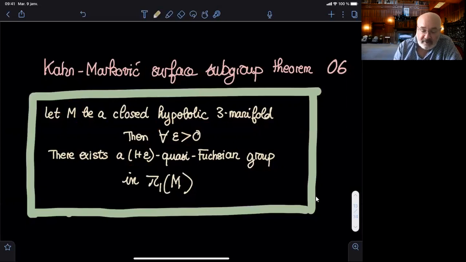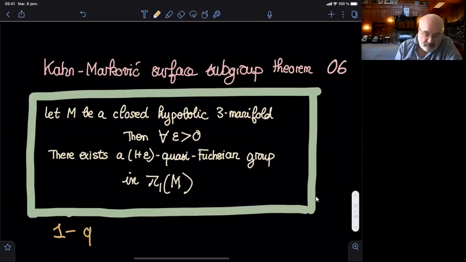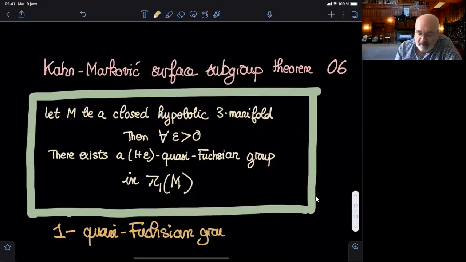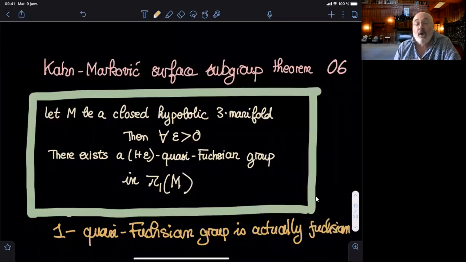I should say here something which I forgot to say before, that if you have a 1-quasi-Fuchsian group, then it's actually a Fuchsian group. It actually preserves a hyperbolic plane.